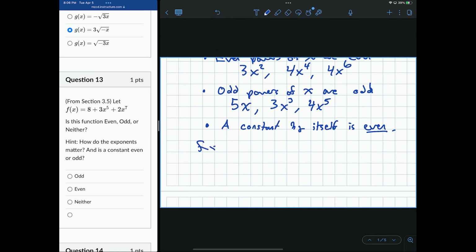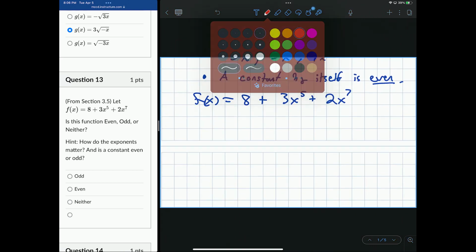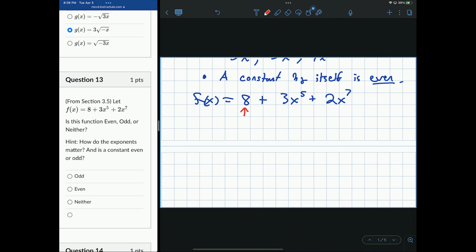When you look at this, 8 plus 3x to the 5th plus 2x to the 7th, each individual part you should be able to label as even or odd. The 8 is a constant by itself, so that's even. The next one is an odd power, 3x to the 5th, so that's odd.